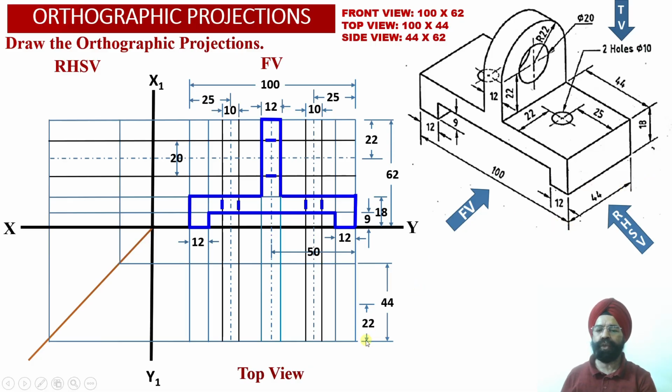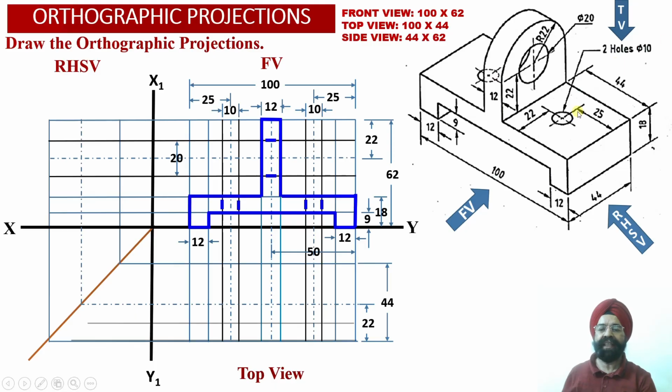So now we need to take a distance of 22 millimeter either from the front face of the solid or from the rear face of the solid. So now we have taken a distance of 22 millimeter from the front face of the solid over here, and now we have obtained a horizontal center projection line into the top view projections, and we have transferred this horizontal center projector line into the right hand side view projections using this transfer line over here.